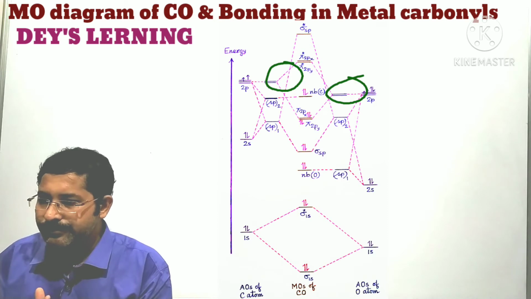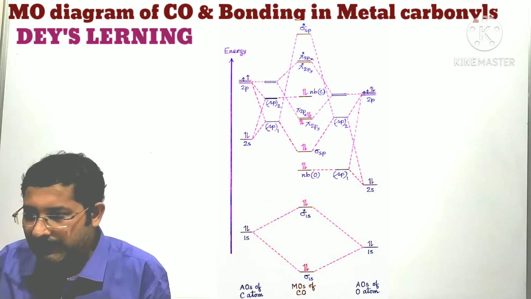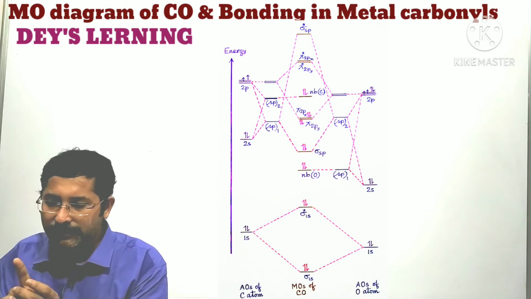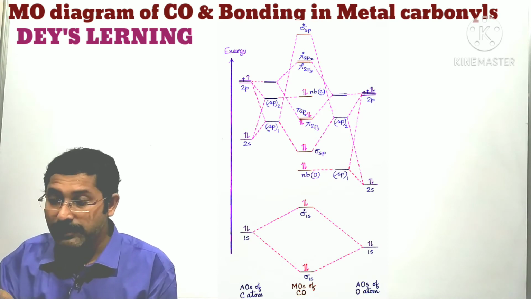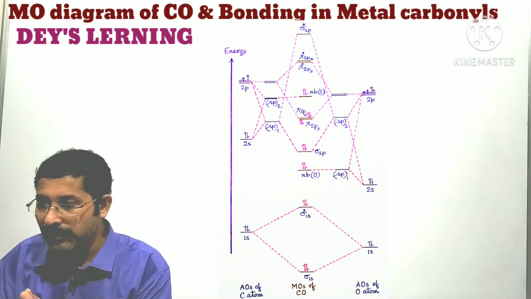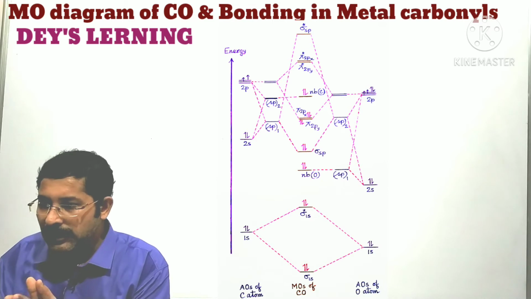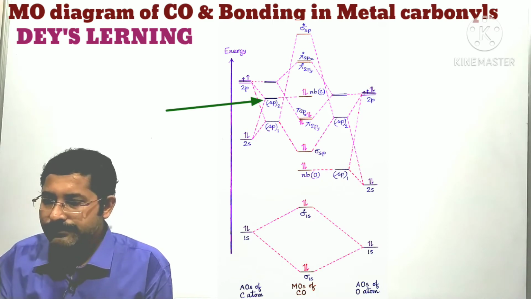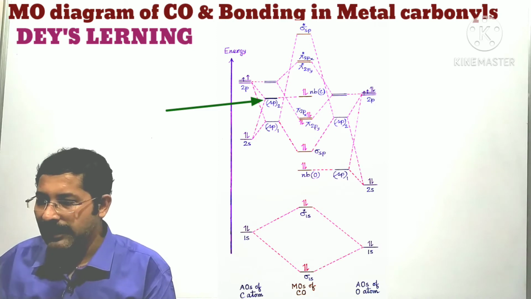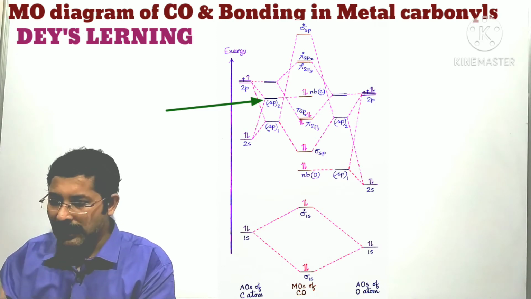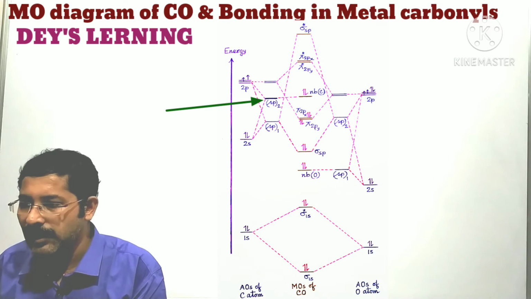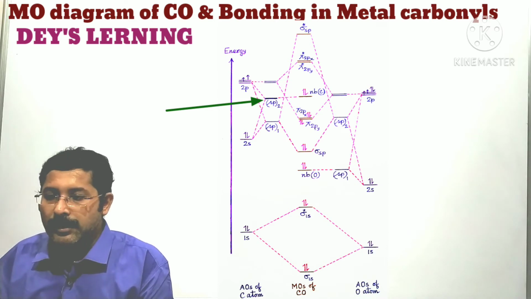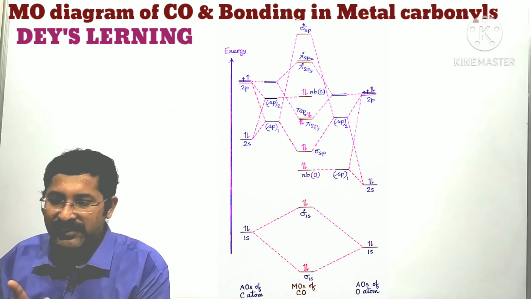And what will happen in case of the sp hybridized orbital of carbon? This orbital of carbon neither combines with any of the sp hybridized orbitals of oxygen. One significant fact is there.